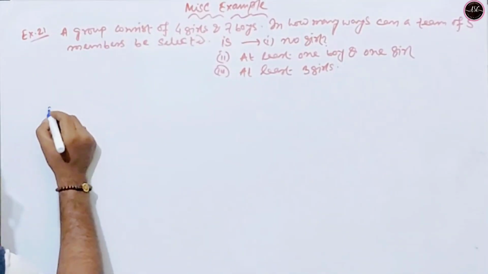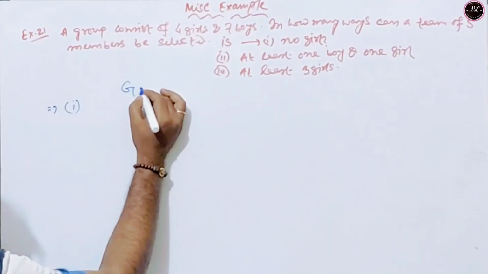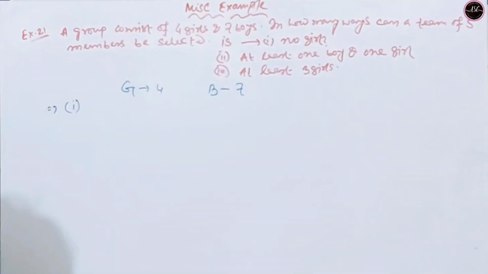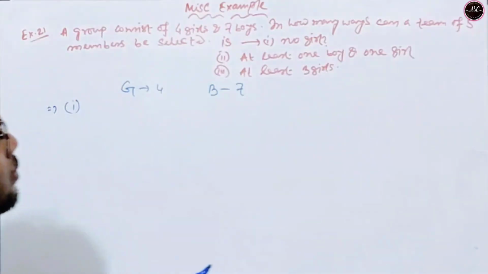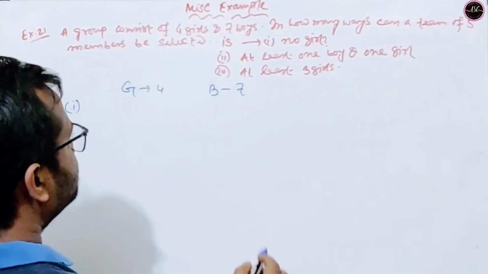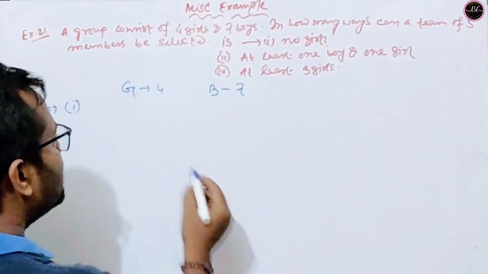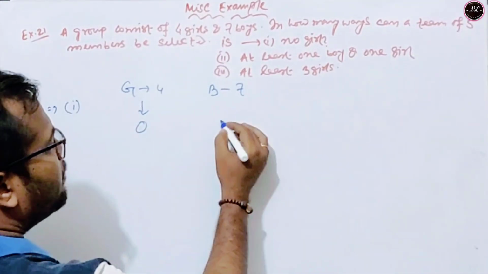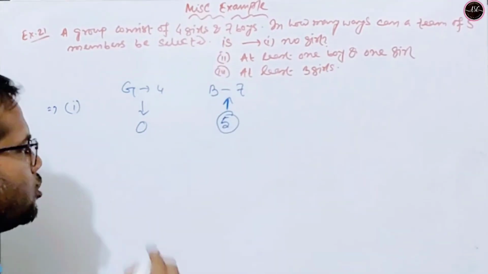So for this, first we have girls equal to 4 and boys equal to 7, and from here we have to select 5. If there are no girls, that means girls equal to 0, so the 5 members should be chosen from the boys.